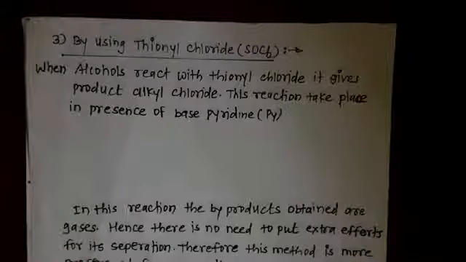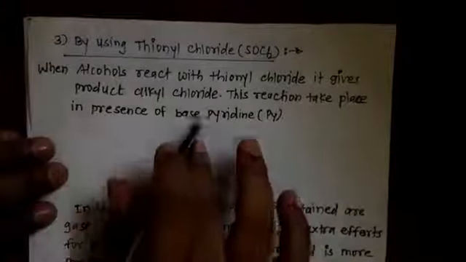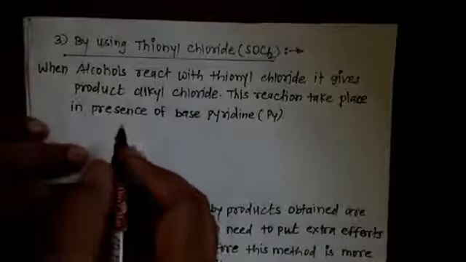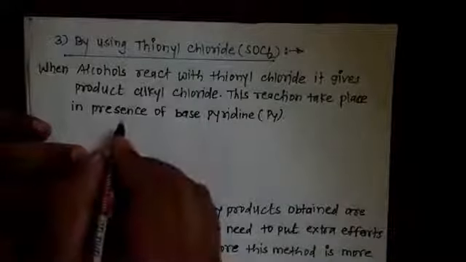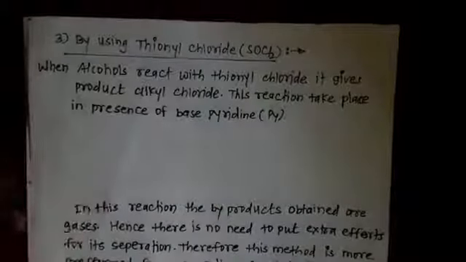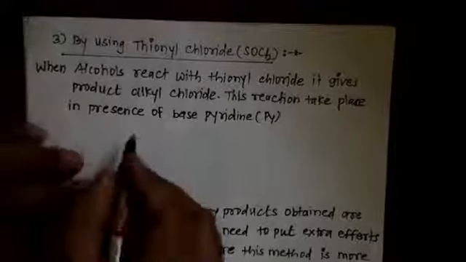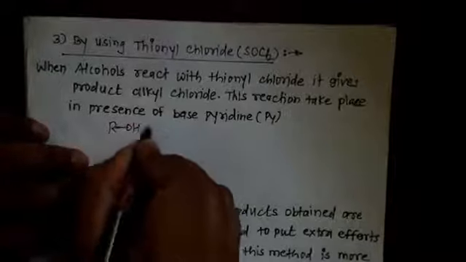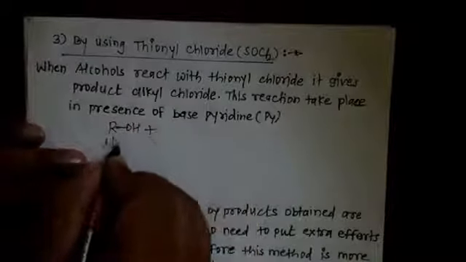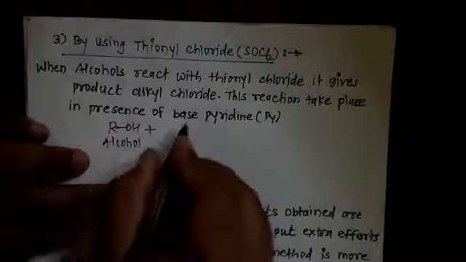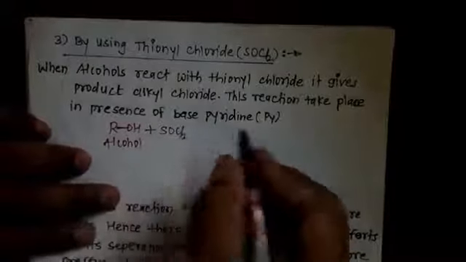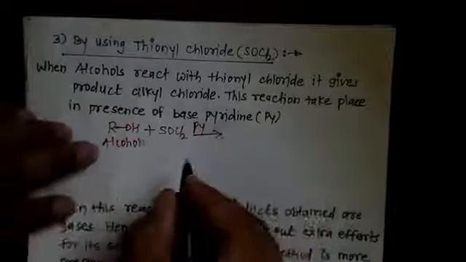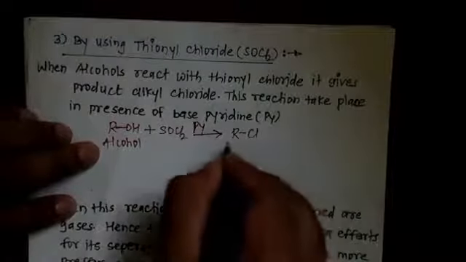First, we write the general reaction and see the example of how the reaction proceeds, and after that we study the other aspects. The general reaction should be written like this: alcohols, any alcohol, react with SOCl2 in the presence of pyridine, that produces alkyl chloride.